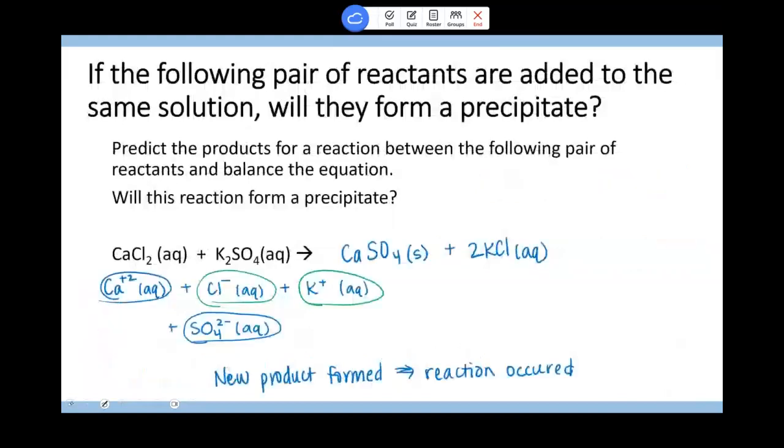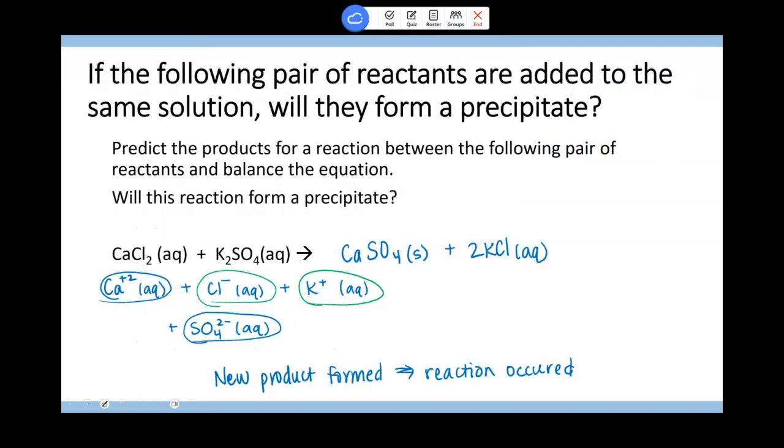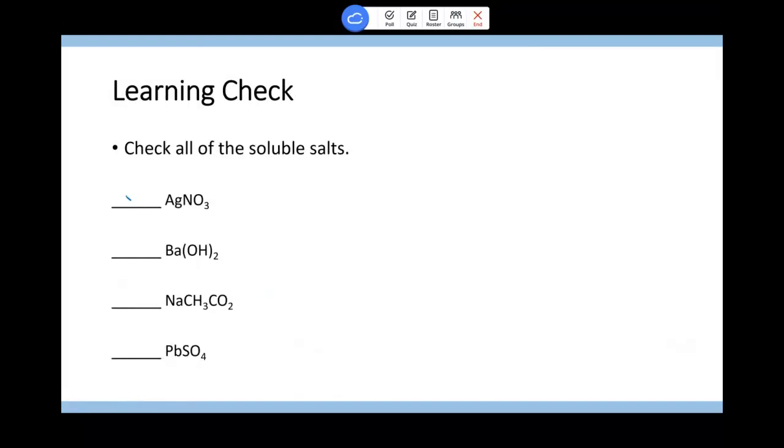And if we go back to our solubility guidelines, nitrate is under guideline 1, and there are no exceptions to guideline 1. So this is a soluble compound, or soluble ion. So if silver nitrate is in solution, it will remain as ions.